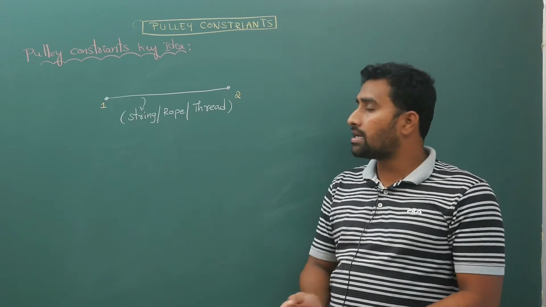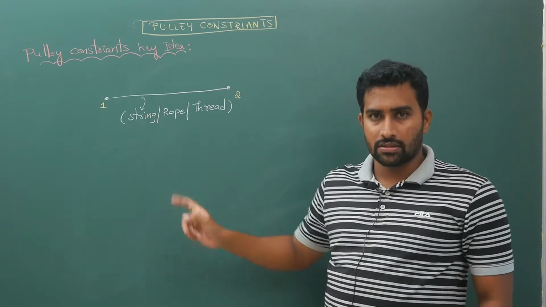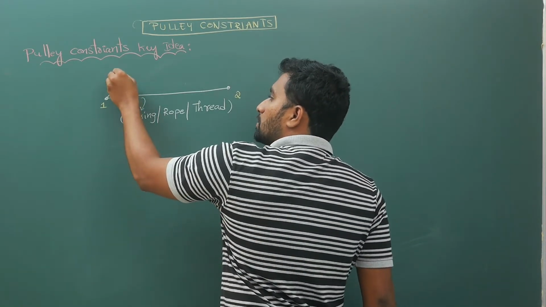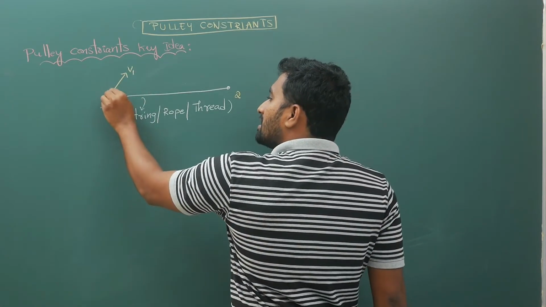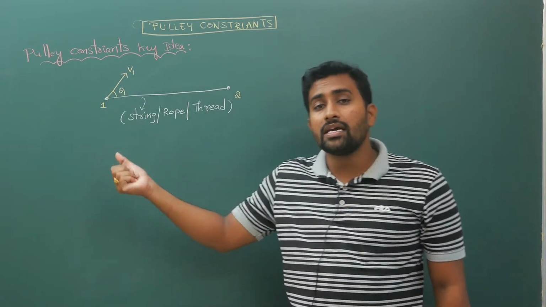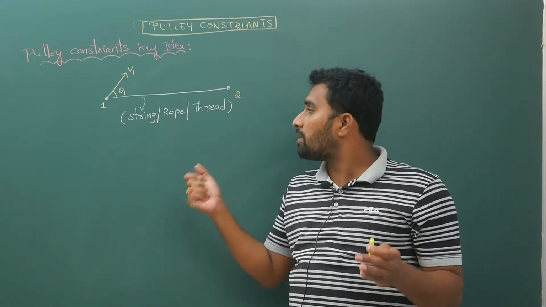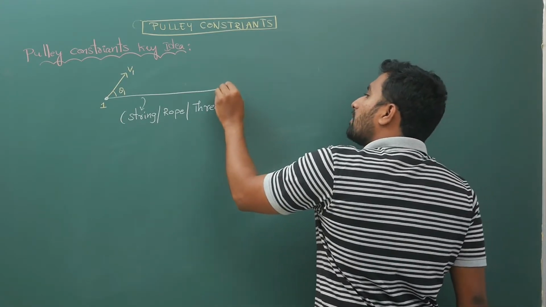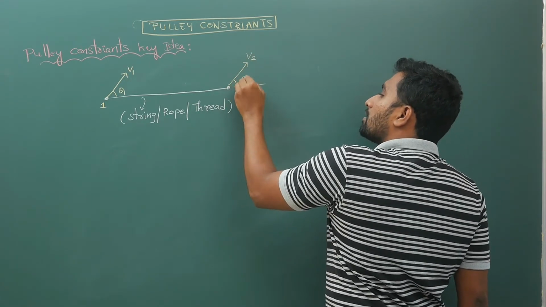At point 1, if the velocity is v1 and this angle is theta 1, what is v1? v1 is the velocity of point 1. I have a string or rope or thread and on that I am taking a point. Next, I take one more point somewhere here with velocity v2 and angle theta 2.